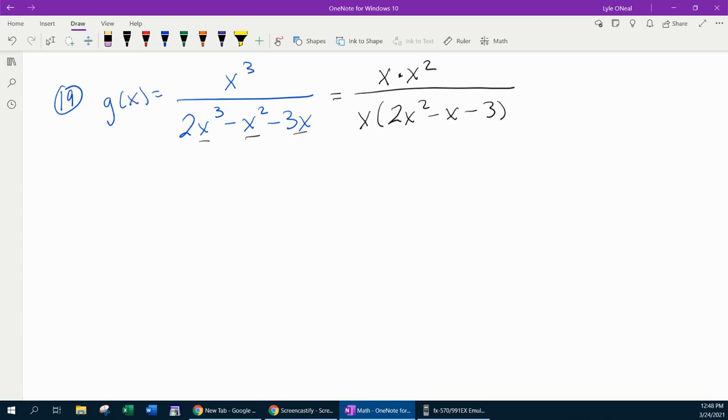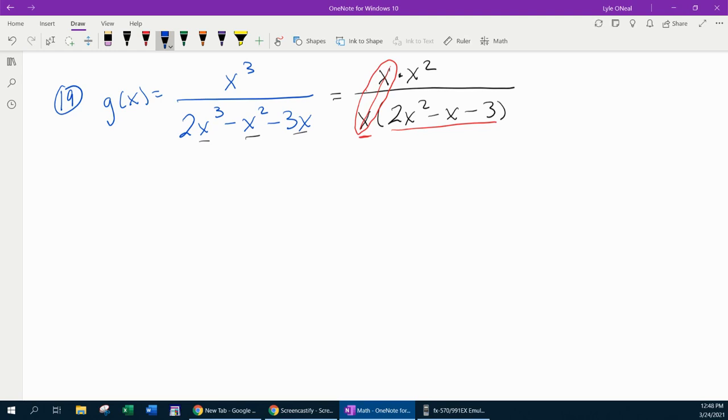And now do you see that the numerator and the denominator have a common factor of x that will divide out? So this x that would have produced a solution to the denominator, since it divided out with a common factor, is not going to produce a vertical asymptote. Only this trinomial will produce vertical asymptotes. So we need to set that equal to 0 and solve.